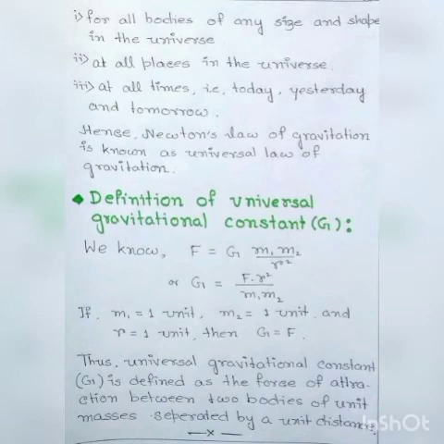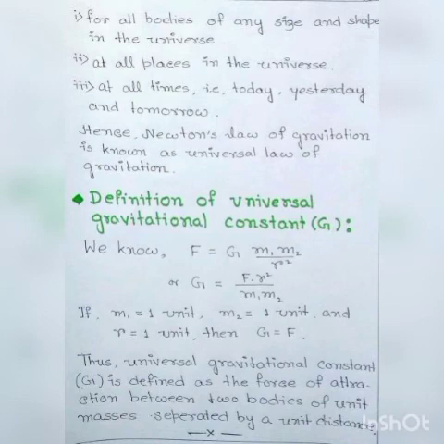Next, let us discuss the definition of universal gravitational constant G. Now we know F is equal to G m1 m2 by r square. From this relation we can write G is equal to F into r square by m1 into m2.